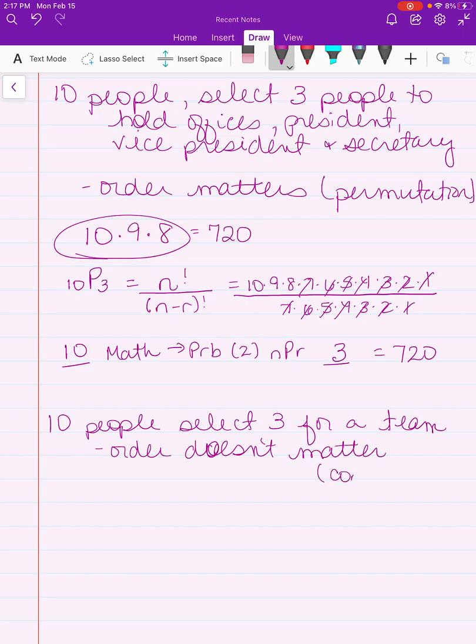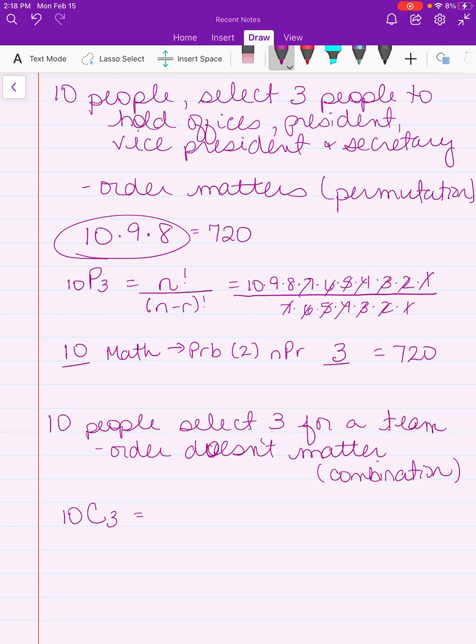And we're talking about a combination. I'm actually going to do this a little backwards. I'm going to show you what happens in the calculator first, and then talk about where the answer comes from.